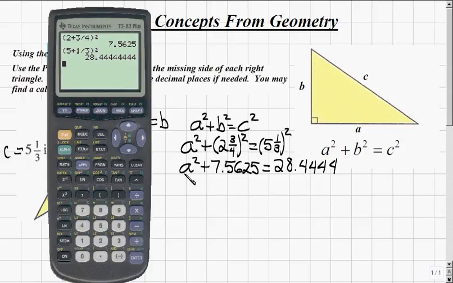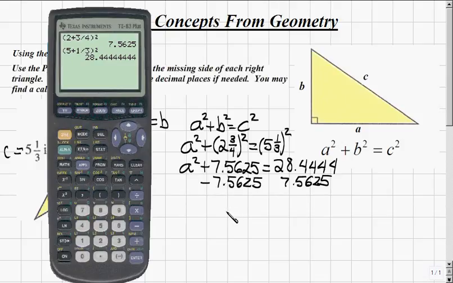Now let's find a. In order to do it, we'd like a squared to be by itself on one side of the equation. To eliminate 7.5625, we'll subtract it from both sides of this equation. So subtracting 7.5625 from both sides, on the left side, 7.5625 minus itself will become 0.